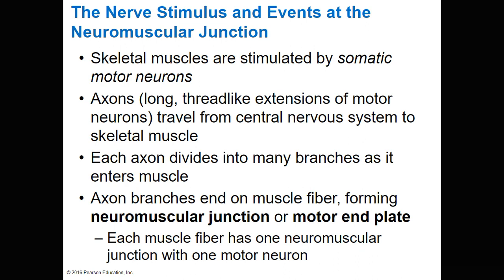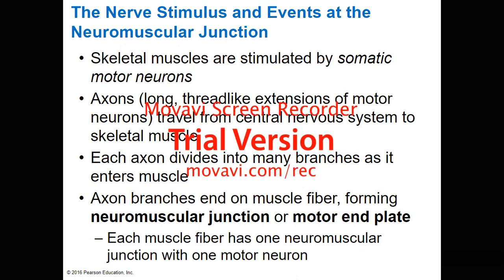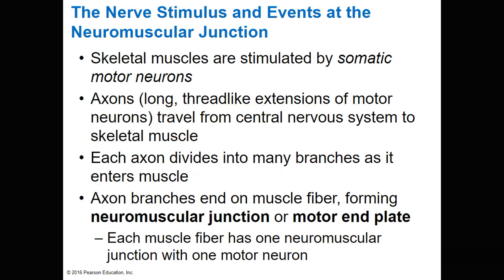At this neuromuscular junction, you're going to have these thread-like extensions of motor neurons that send their signal to multiple, up to hundreds of, muscle fibers.